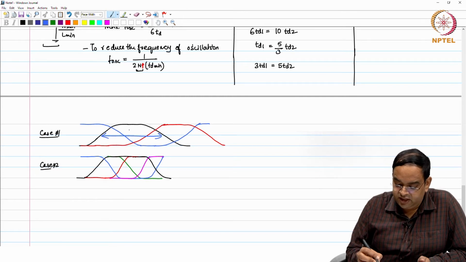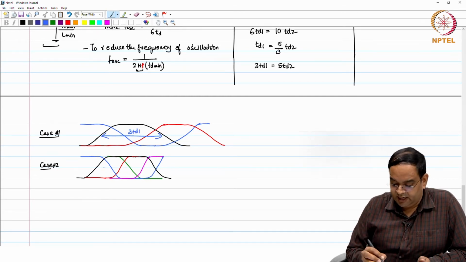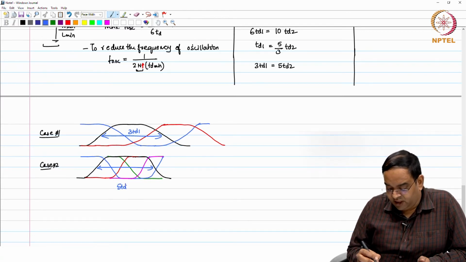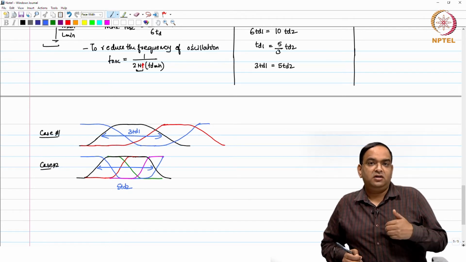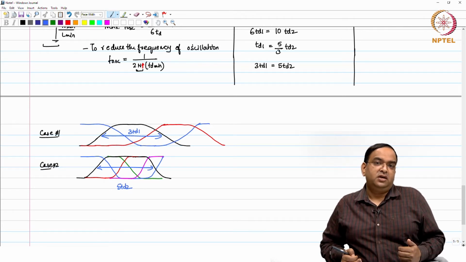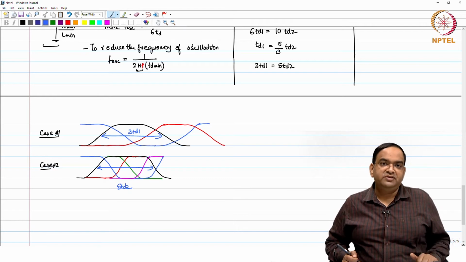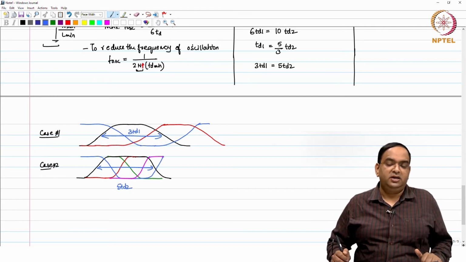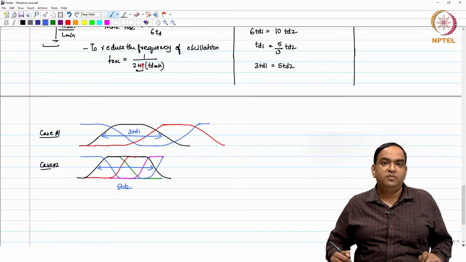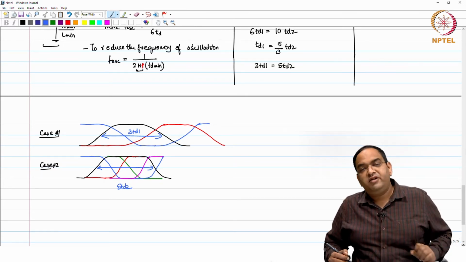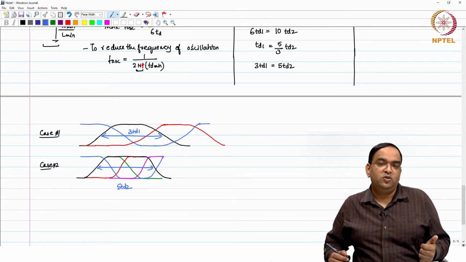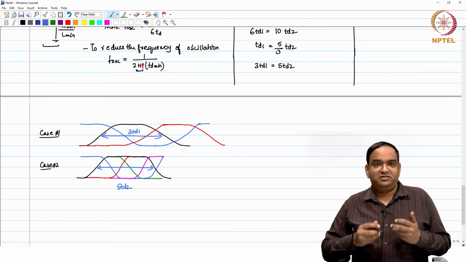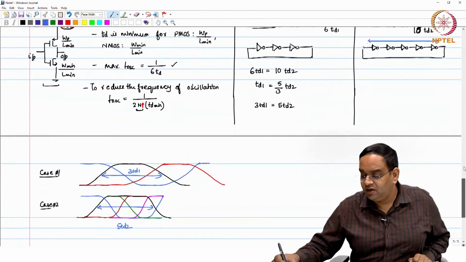This is 3 TD1 and this is 5 TD2, and both the values are same. So, in case you are using a larger number of inverters in the ring to get the same frequency as in the case where you are using fewer inverters, your clock waveforms will be sharper, or they will have a lower rise and fall time, which is kind of evident from our expression.